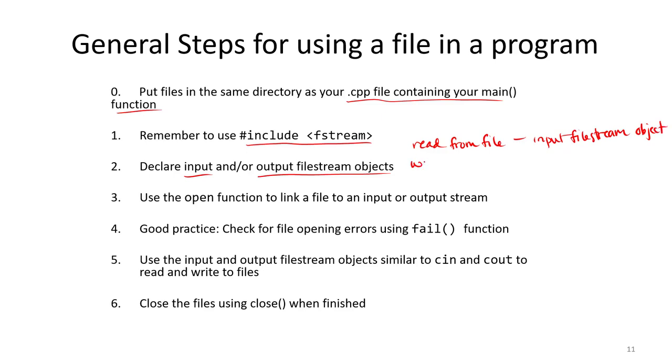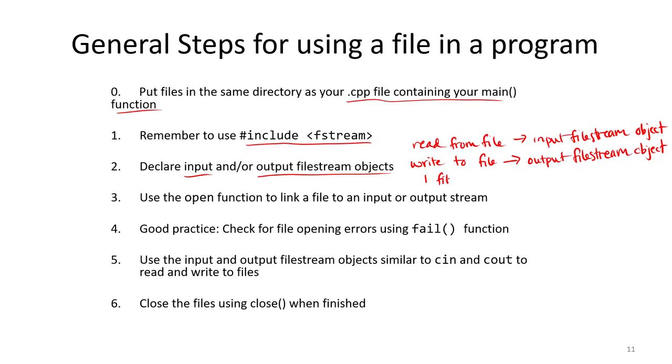And of course, if you're writing to a file, you're going to need an output file stream object. And notice if you need to read and write to multiple files, then you would need to declare multiple file stream objects.